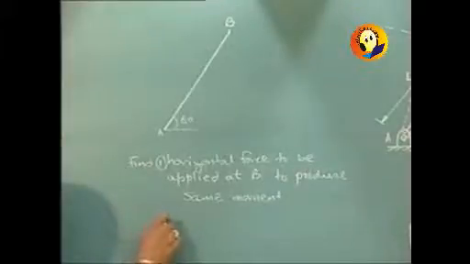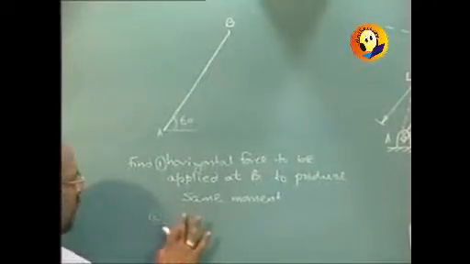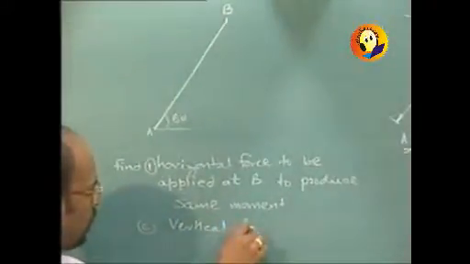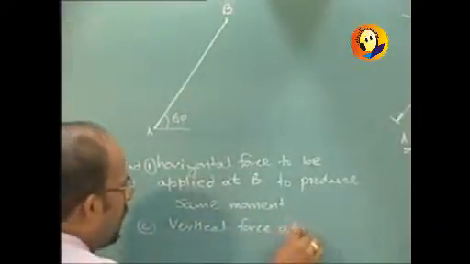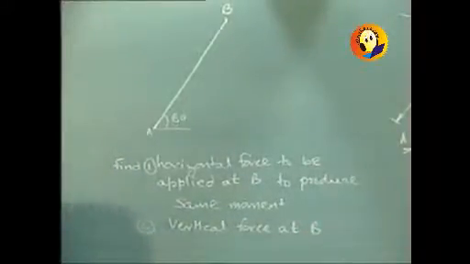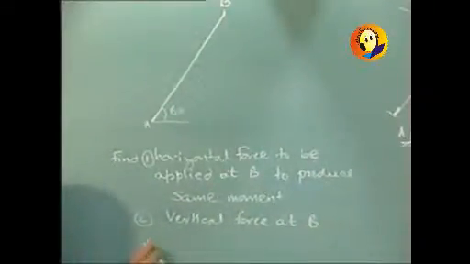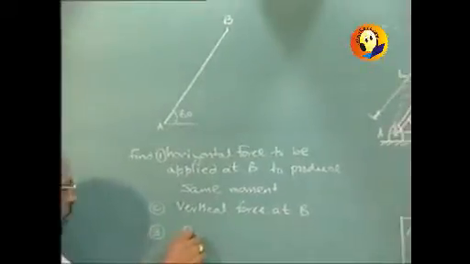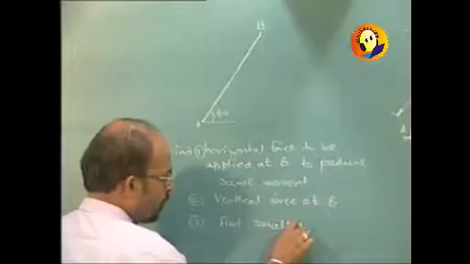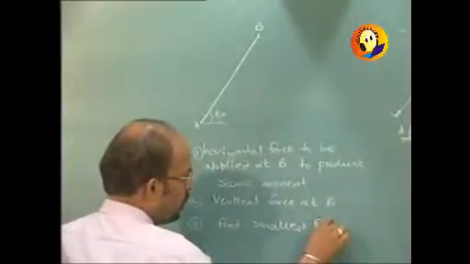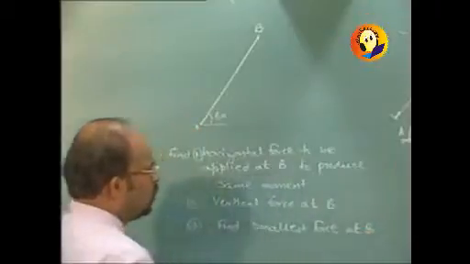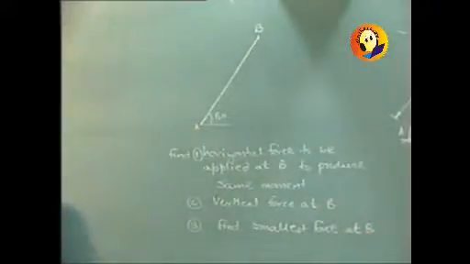Second question could be: find vertical force at B to produce same moment, and the third question could be: find smallest force to be applied at B to produce the same moment.